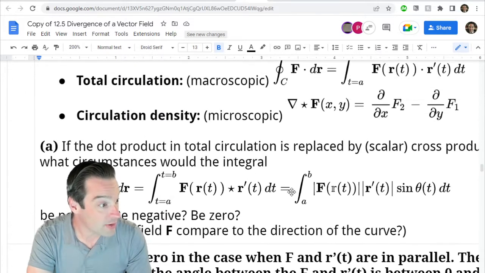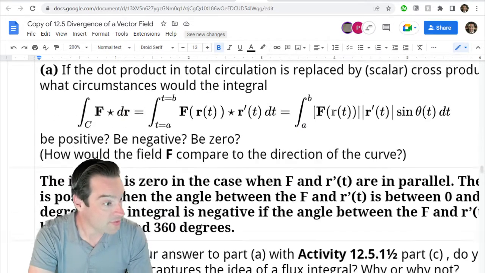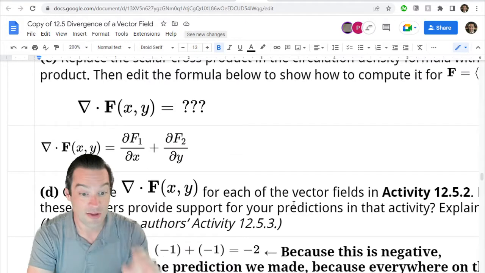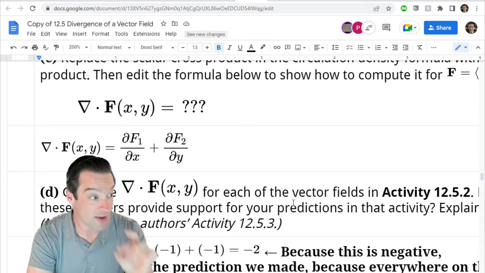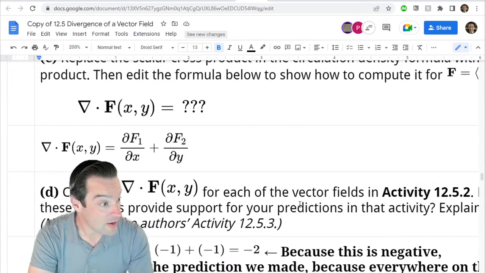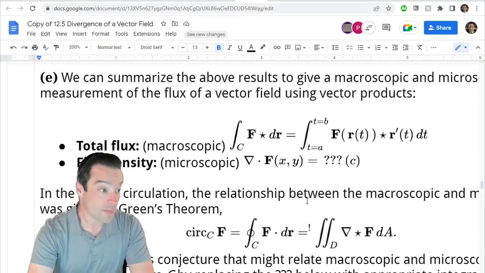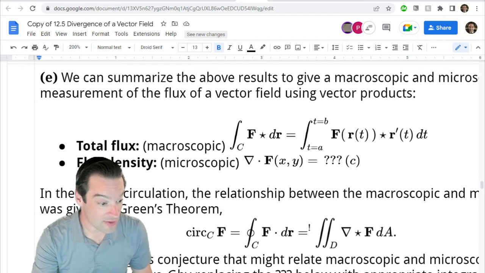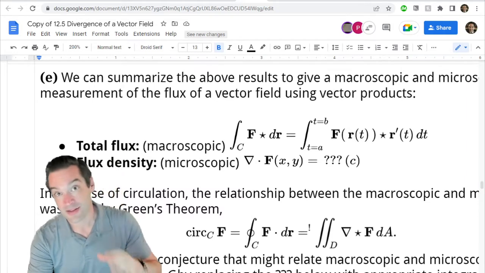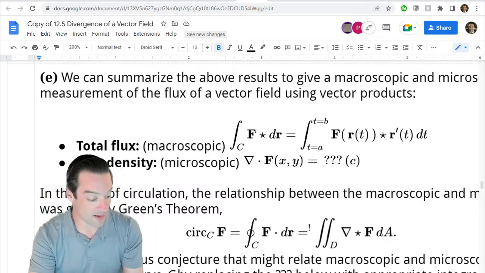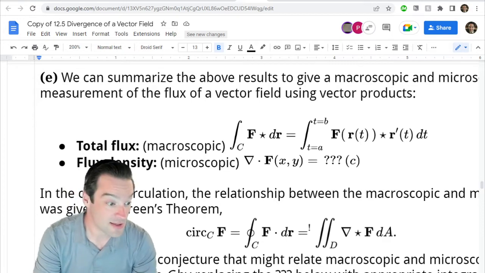But other than that, this integral looks an awful lot like a total flux, a macroscopic measurement. And this infinitesimal measurement, the dot product of the derivative operator with F, looks an awful lot like a flux density. We had Green's theorem that related these two things together in the world of circulation. And so now we need to figure out what the corresponding version is that links these two things together in the case of flux.